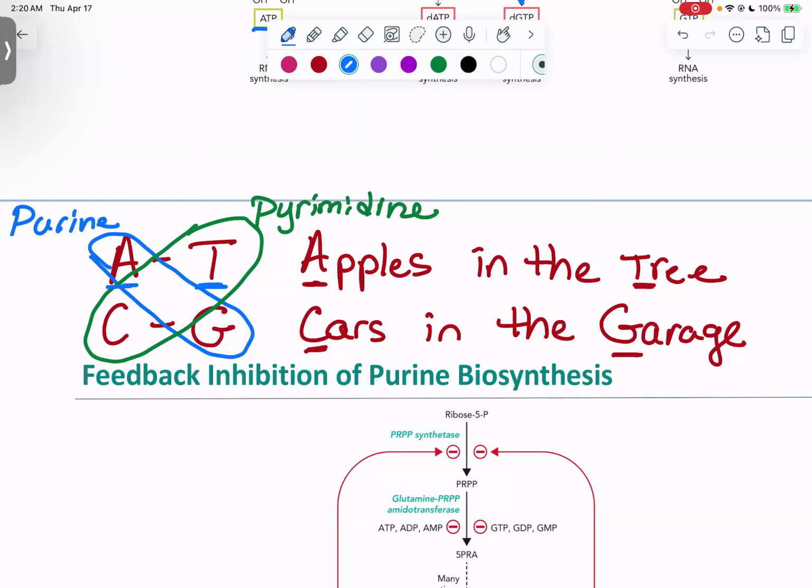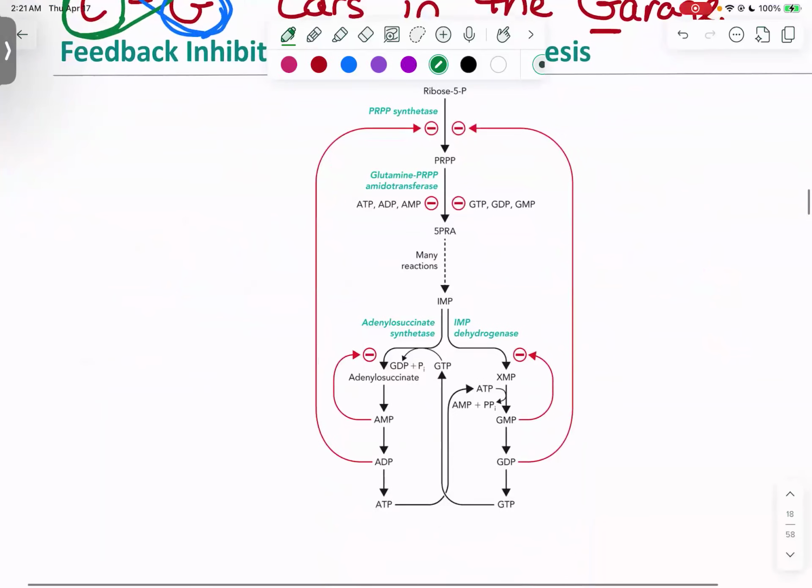The way you remember this is there are apples in the tree, so A and T are always together. G and C are always together. That's cars in the garage. But no matter which base pair you're talking about, you're always going to have one purine and one pyrimidine. So you're going to have equal or equivalent amounts of purines and pyrimidines.